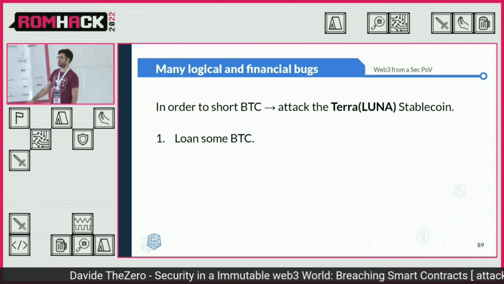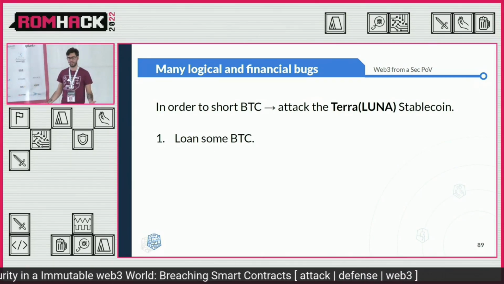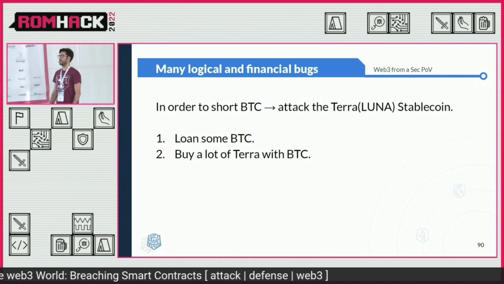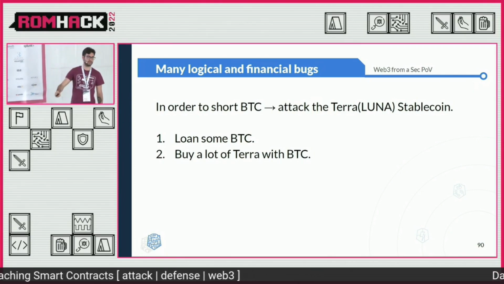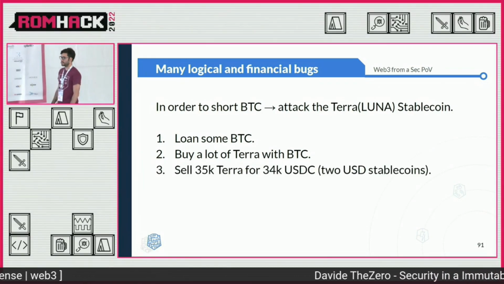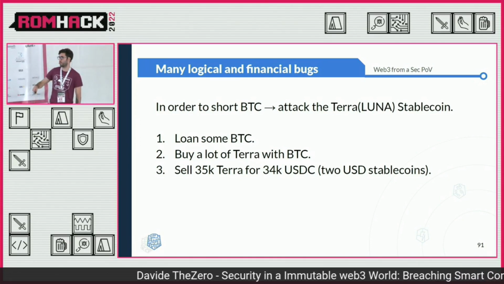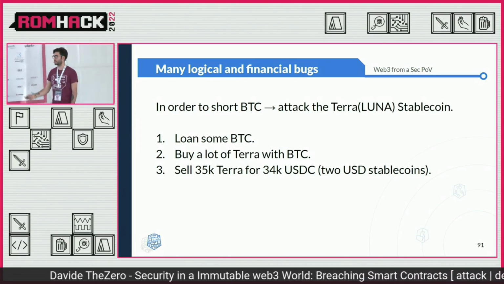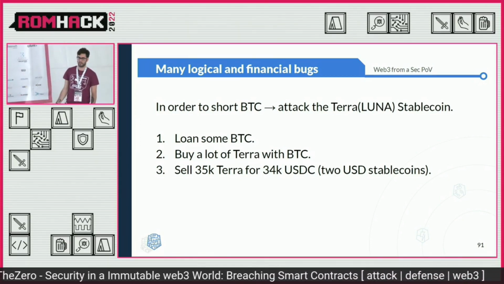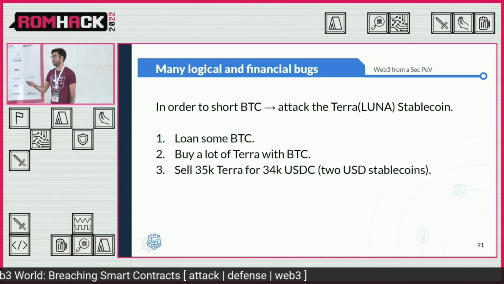The plan was to first loan a big amount of Bitcoin, then buy a lot of Terra coin with the Bitcoin, and sell 35K of Terra for 34K of US dollar coin. And these two are $1 stablecoins, so they should have a value of $1.